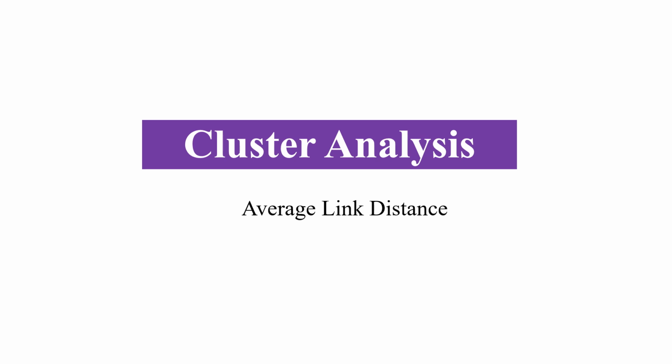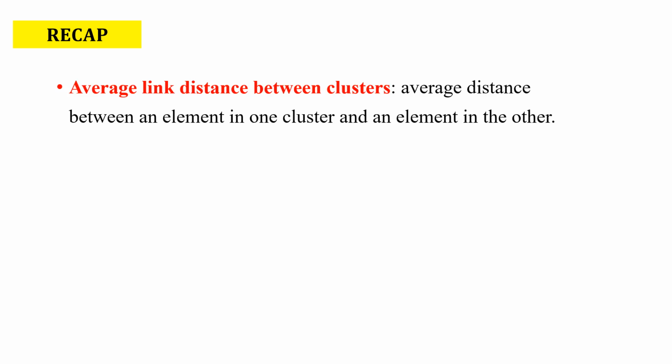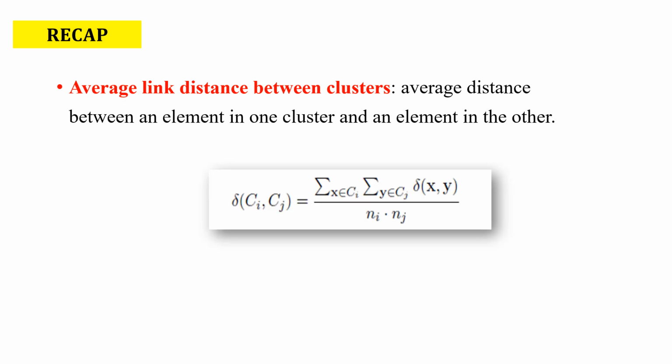Hello. Today the average link distance to compute distance between clusters will be discussed as an example. We first recap the definition: the average link distance between clusters is the average distance between an element in one cluster and an element in the other.